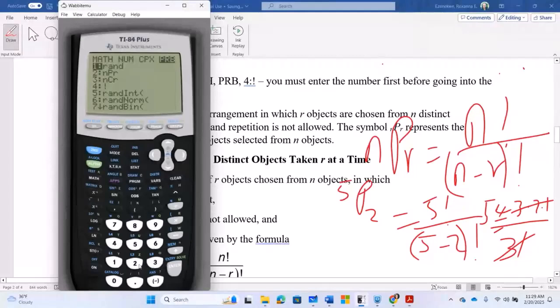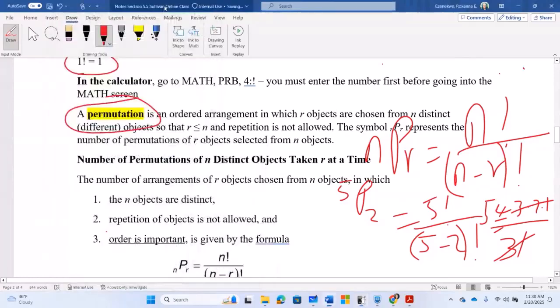Permutation is number 2. If I put 2 there, I hit enter, it's 20. So you can verify your answer with your calculator. It's always good to verify your answer with a calculator. So 5 permutation 2 is 20.